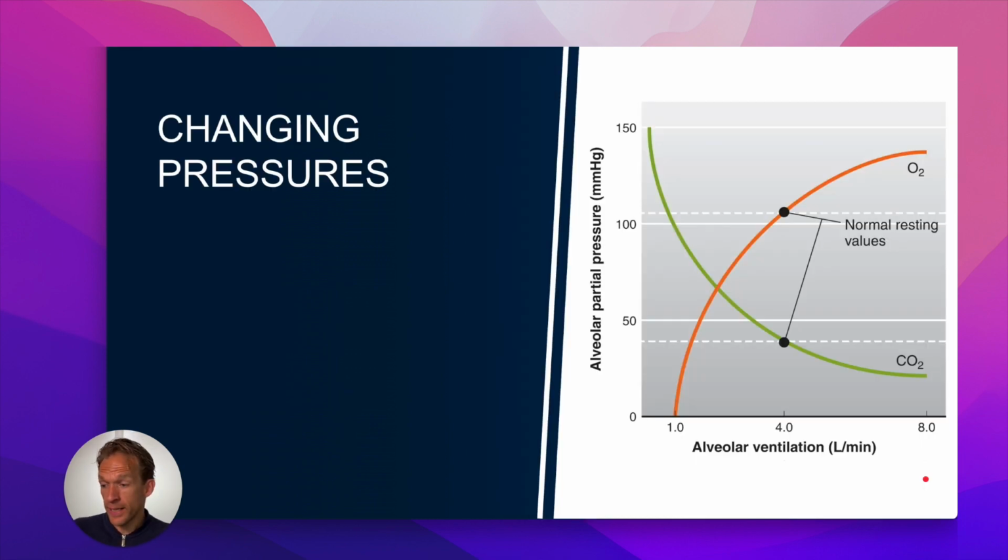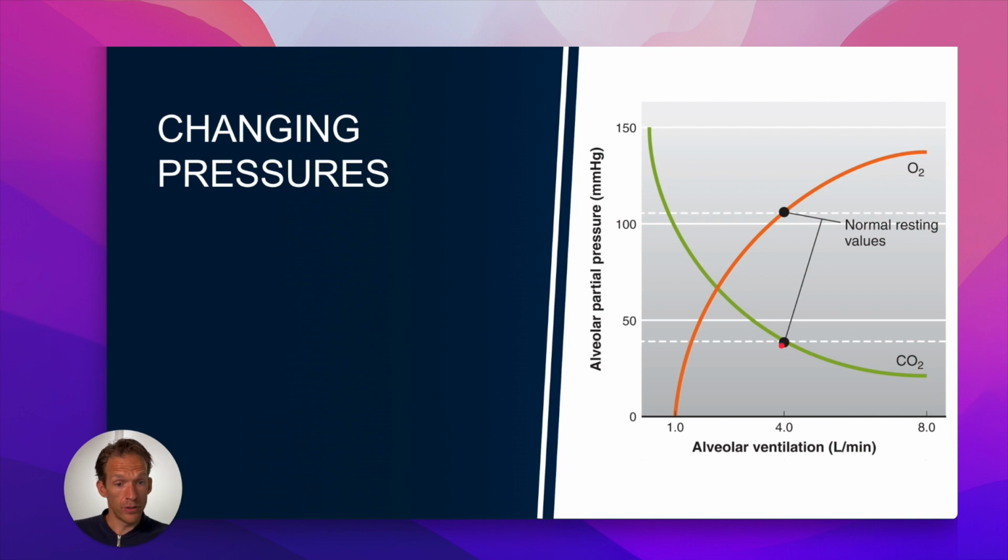Now, if you look at this figure, you can see the connection between the actual partial pressure in the alveoli and the ventilation. So to what extent has a change in ventilation an effect on the pressures? Well, what you can see here in the green graph is that if you increase the alveolar ventilation, then as a result, the alveolar pressure of CO2 will drop.